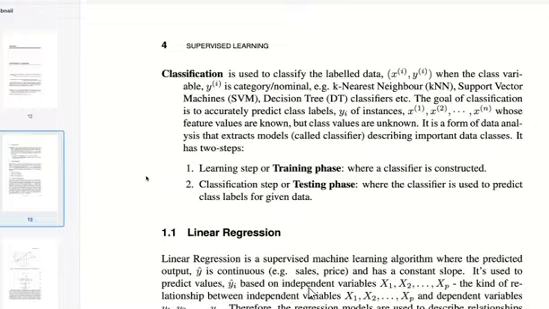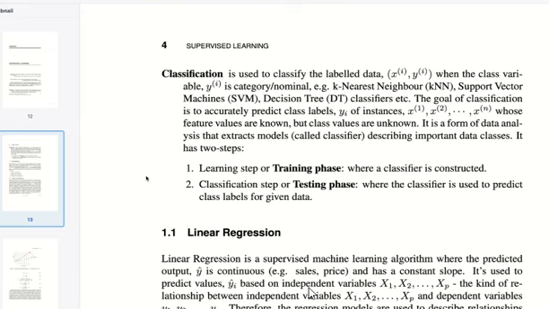Yes, sir. Okay. The classification technique or model has to go through two phases. The first one is called the learning step or training phase, where we train the model. The second step is called the classification step or testing step. After training the model, we test it. If we are happy with the test result, then we go for the further step, which is deployment.